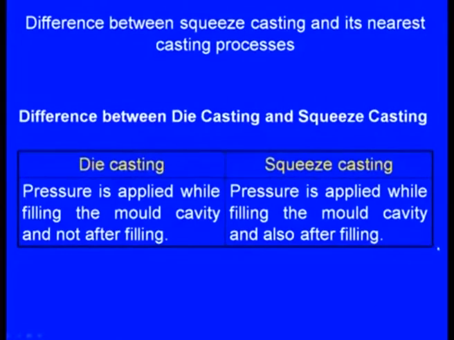Once the cavity is filled with the molten metal, we stop applying the pressure. In squeeze casting, pressure is applied while filling the mold cavity and also after filling, not only during filling, but also after filling till the cast component is solidified. That way die casting and squeeze casting are different.